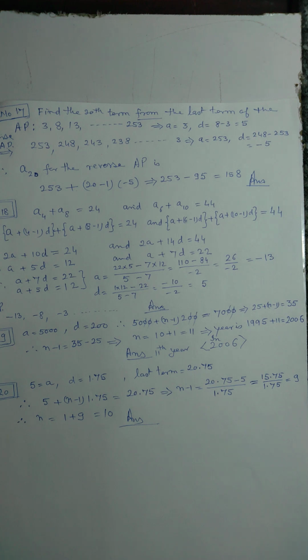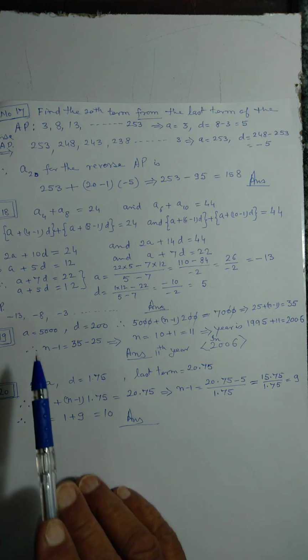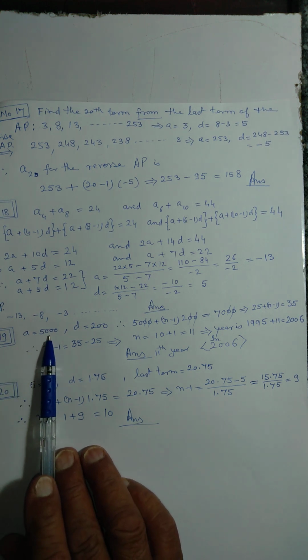Subha Rao started work in 1995 at an annual salary of rupees 5,000 and received an increment of rupees 200 each year. In which year did his income reach rupees 7,000? You see, the first term is given here, that is 5,000.